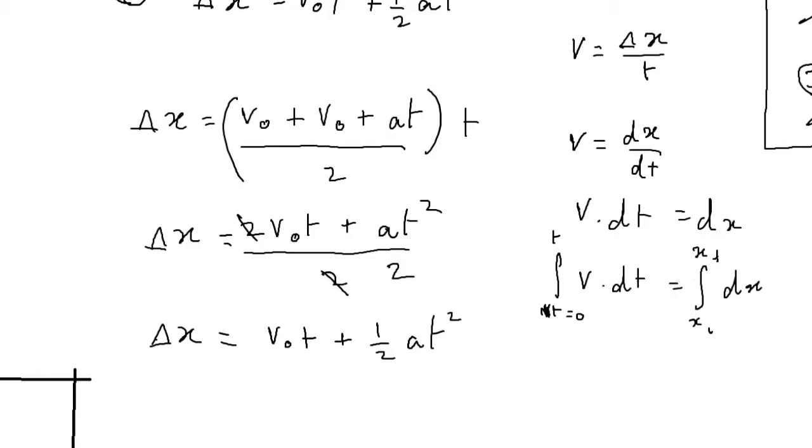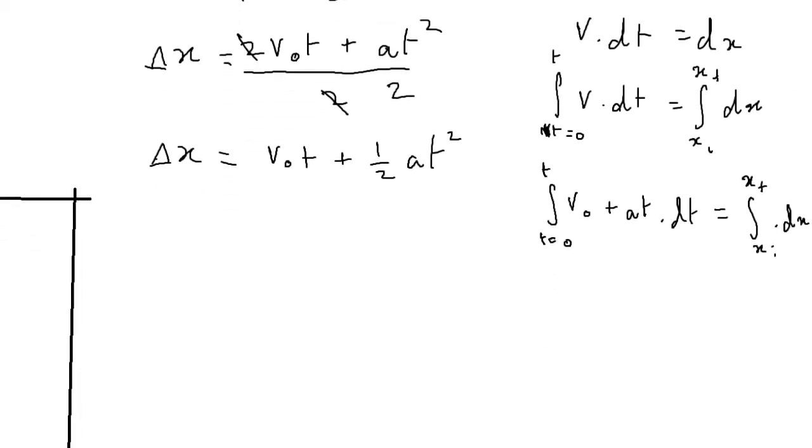Let's substitute equation 1 for v. So what you get is the integral from t equals 0 to a given t value for the initial velocity plus acceleration times time dt, and that is equal to the integral from initial position to final position dx.